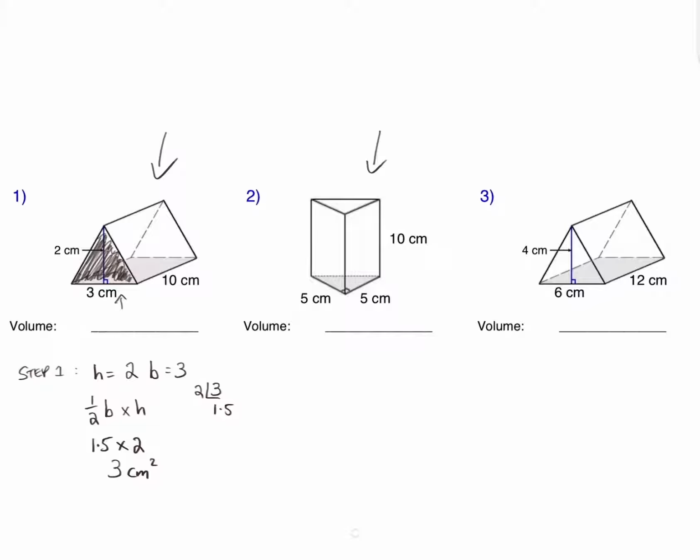So now that we have the area, all we have to do for step 2 is multiply the area by the depth, which is 10. So we multiply 3 by 10, which gives us 30, and that is centimeters cubed, because we use cubed for volume. And that's all you have to do for these.